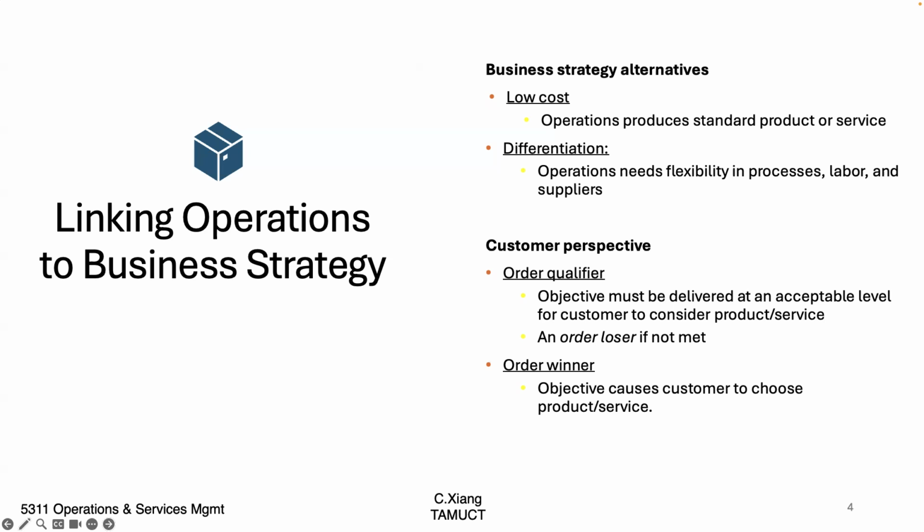Across industries, the same logic applies. Firms must choose which dimensions will serve as order winners, while ensuring all the other major dimensions meet qualifying standards. Operations strategy is the mechanism that makes this choice feasible and consistent over time.